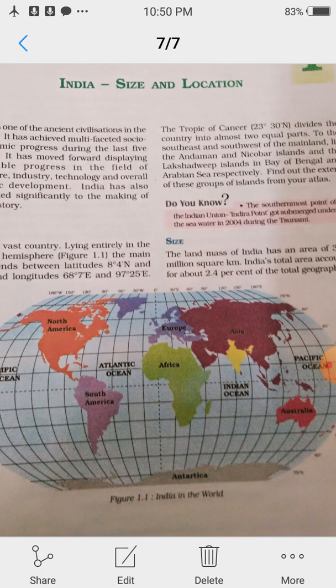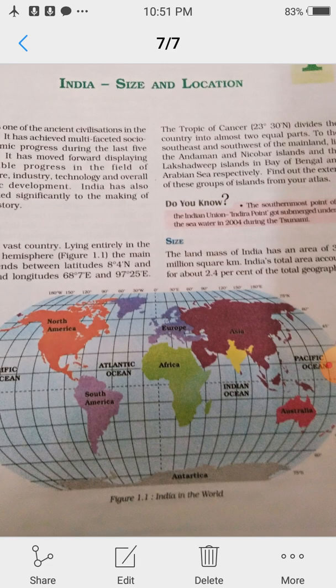The mainland extends between latitudes 8°4′ N and 37°6′ N. Latitudes are the horizontal lines on the globe, and longitudes are the vertical lines on the globe.